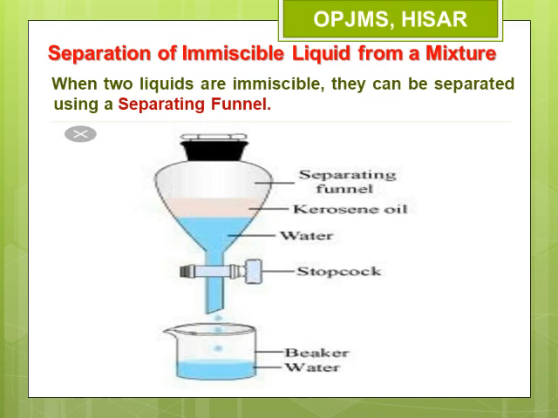The mixture is allowed to stand for some time. Kerosene oil, being lighter, forms a layer above water. Now we open the stopcock and the water is drained off into a separate container. Kerosene oil is left behind in the funnel and can then be collected in a second beaker.